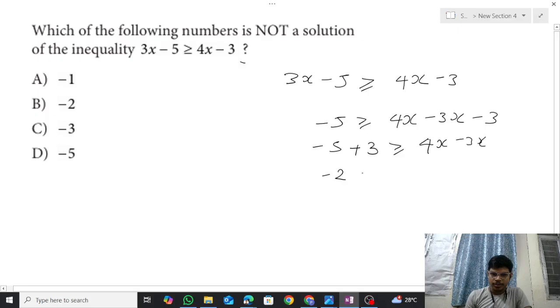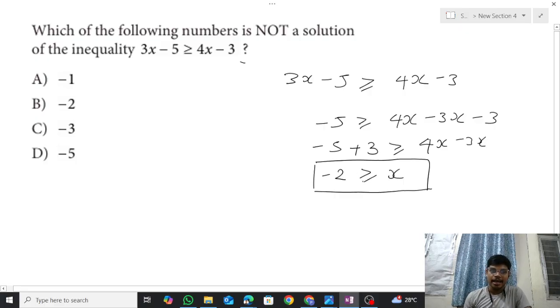This is minus 2 is greater than or equal to x. So my conclusion is x is less than or equal to minus 2.